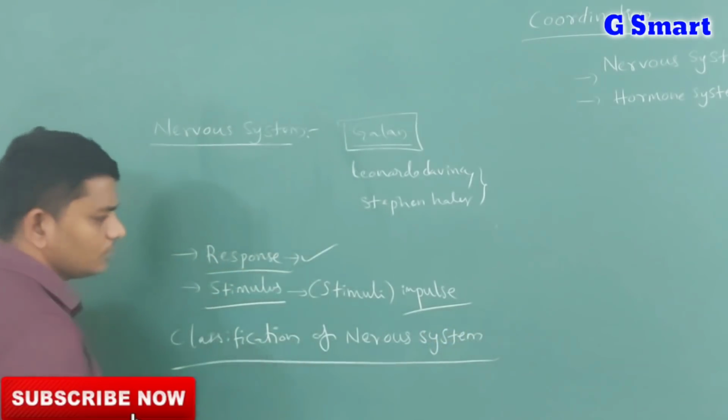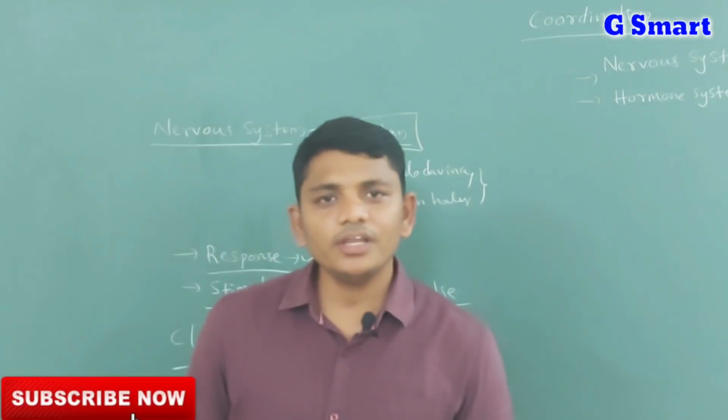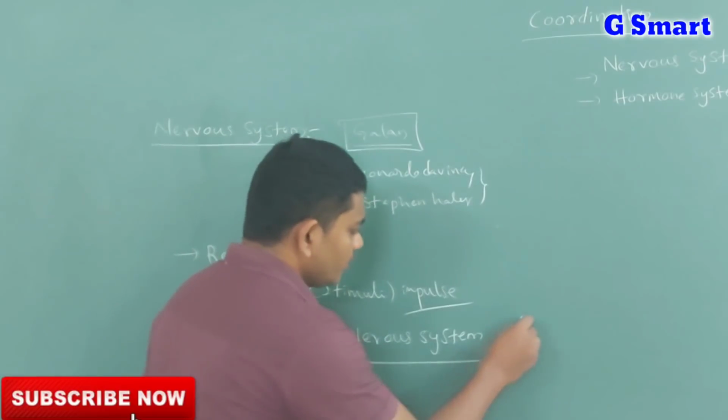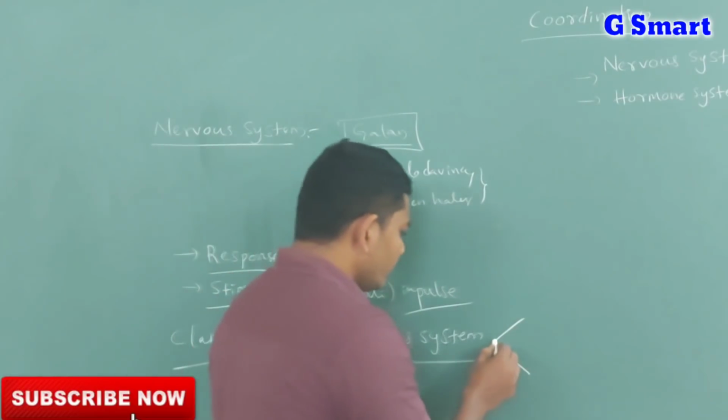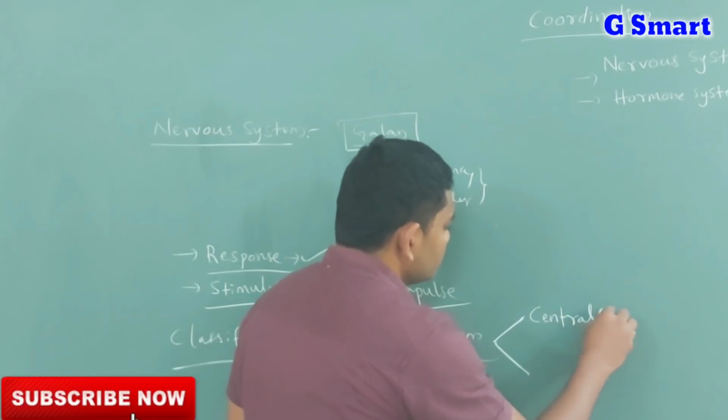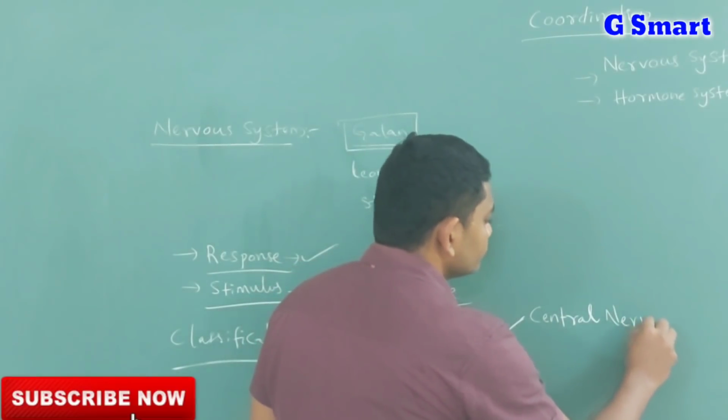Classification of nervous system. Nervous system is mainly of two types. First one is central nervous system.